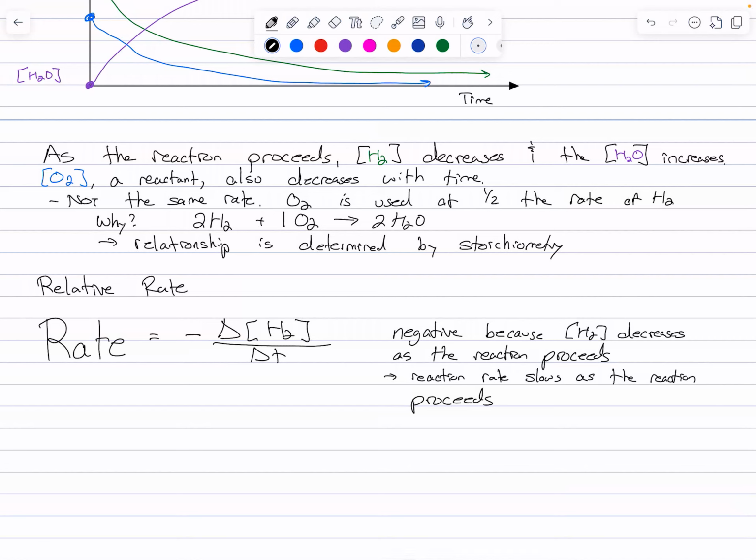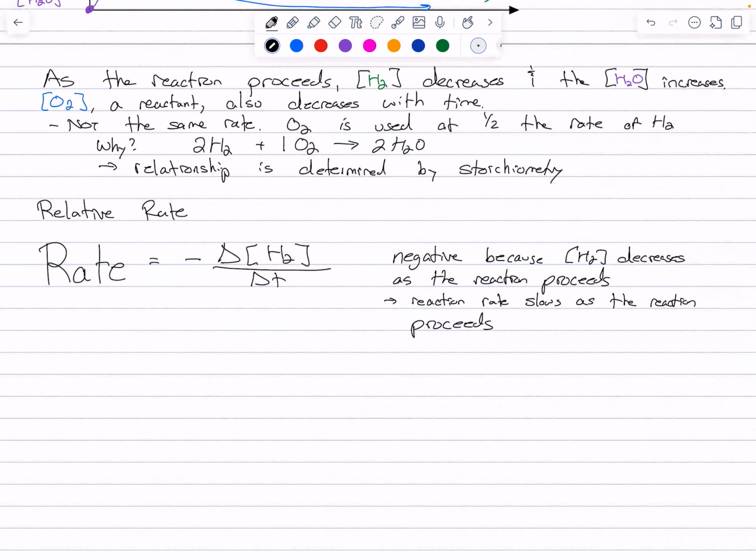All right, so if we look at these relative rates, the rate of, now this is for the reaction, the whole thing. This is the reaction.